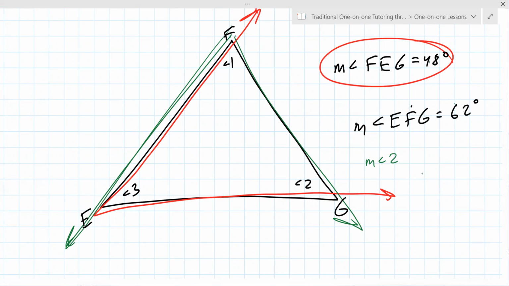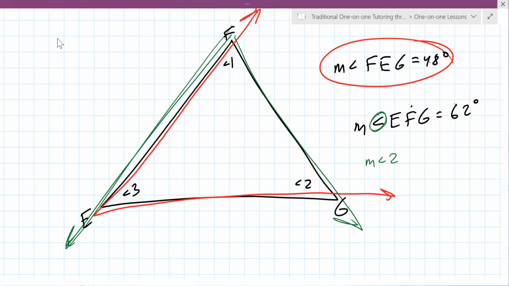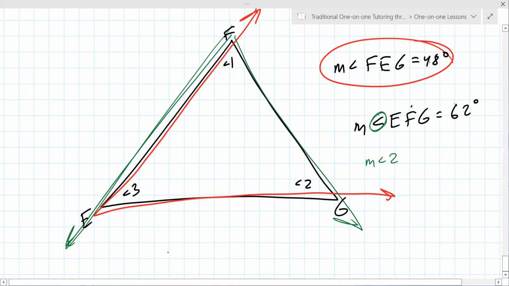And then that would be M is less than... No, this means angle. Oh, okay, sorry. Yes, it does mean less than, but in this context, it means angle. M angle EGF. This is important because I just noticed this.